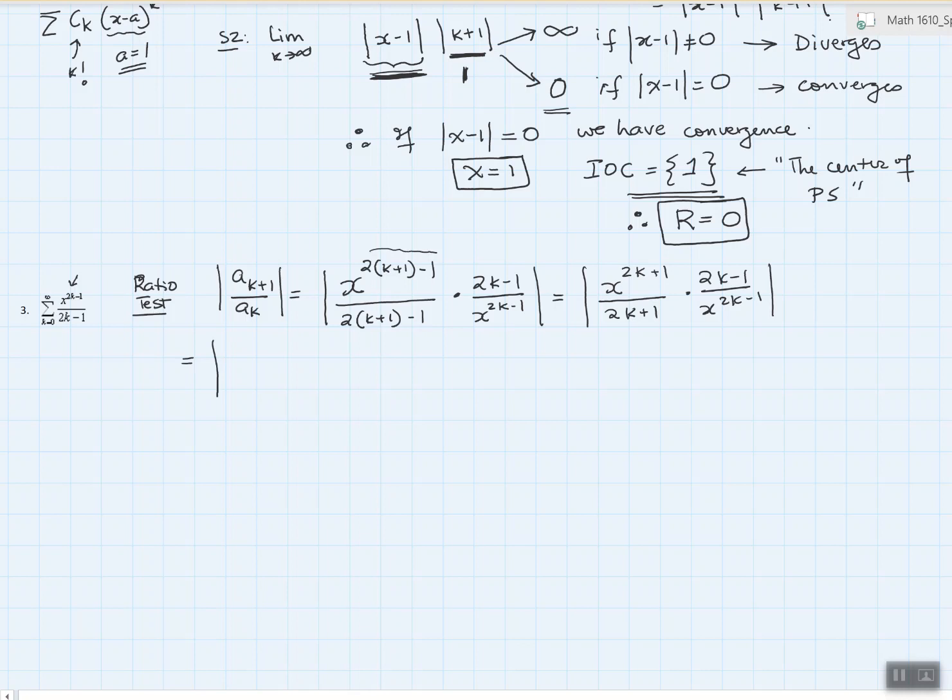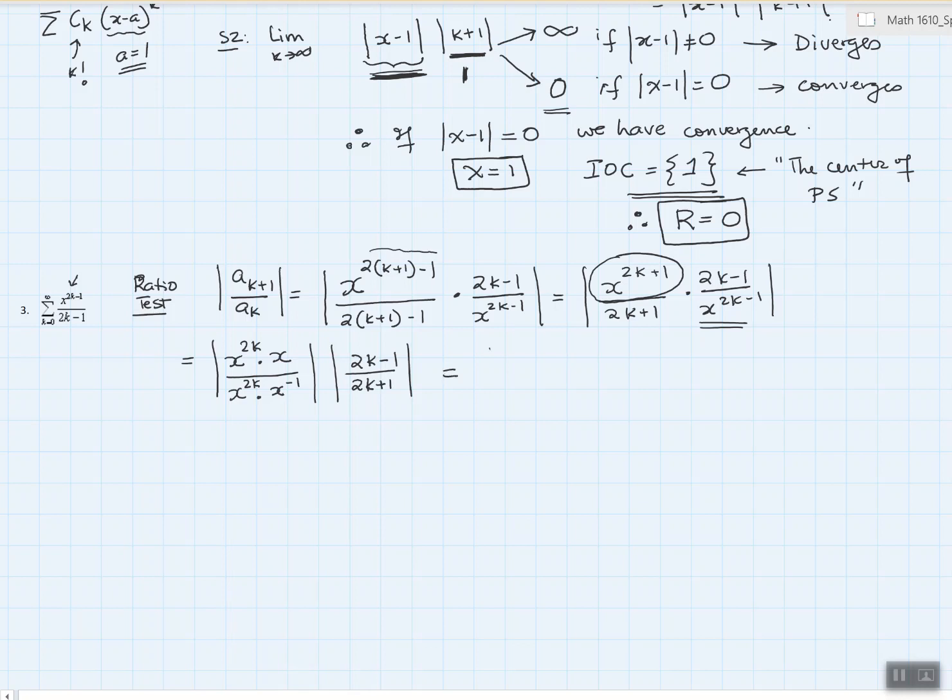So let's keep the x terms together. So x raised to the power 2k plus 1 is x raised to the power 2k times x, divided by this, which is x raised to the power 2k times x to the power negative 1. And then the k terms are 2k minus 1 over 2k plus 1.